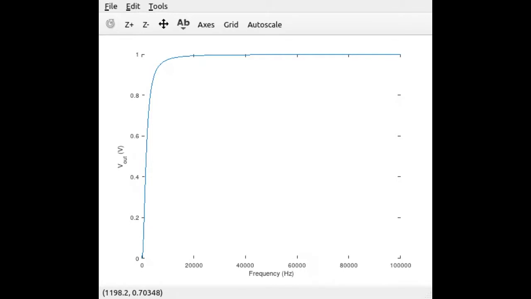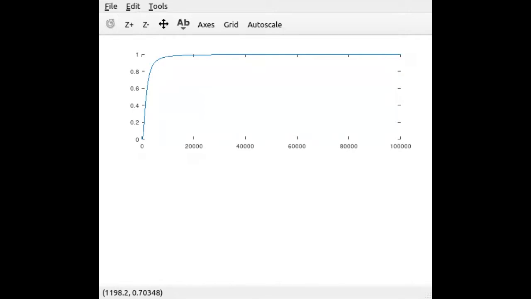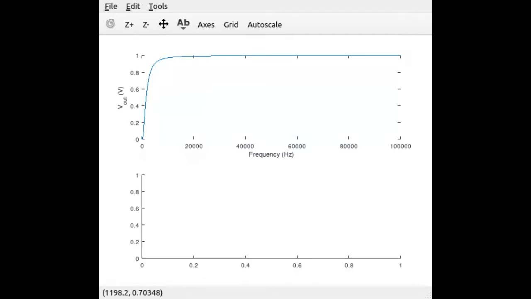So what I'm going to do here is create a subplot and plot what we're looking at. Then I'm going to create a second subplot, and I'm going to use something called the semilog on that plot.